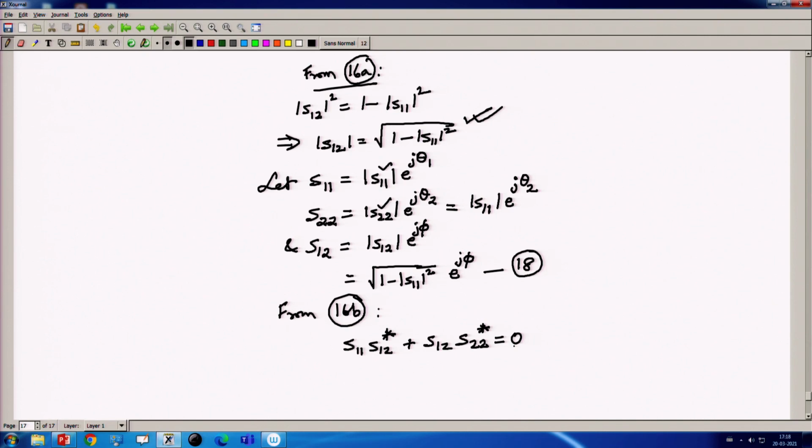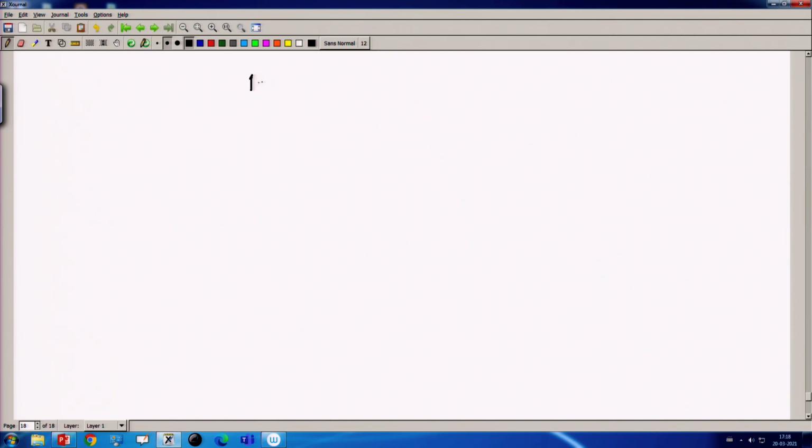Now, we do substitutions, we just substitute their magnitude and phases. So, S11 is mod S11 e to the power j theta 1, S12 star is mod S12 e to the power minus j phi.